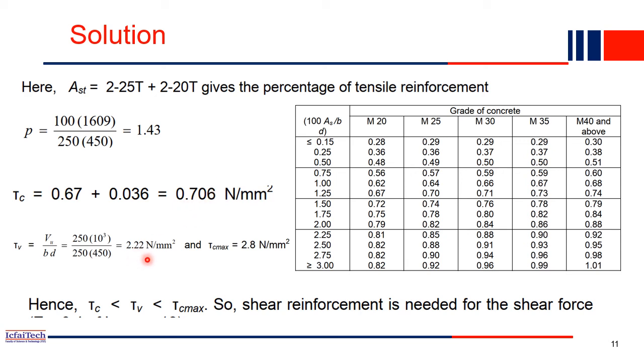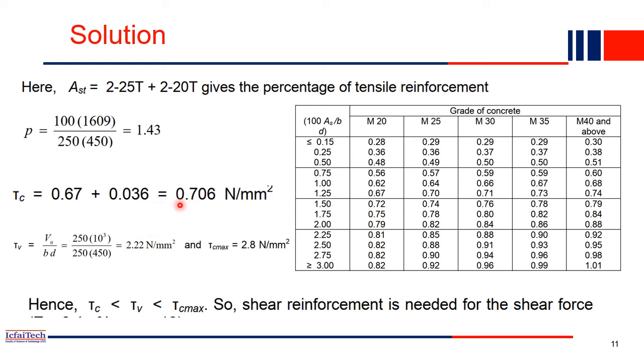The concrete and steel take 0.706, and that much applied is 2.22, and only this portion will be taken care of by the concrete and steel. For the remaining portion we have to provide the shear reinforcement, right? And maximum, this M20 grade of concrete can take 2.8 Newton per mm square. And the applied shear stress is 2.22, which is less than this one. That means this section can take this much shear stress if you provide the stirrups.